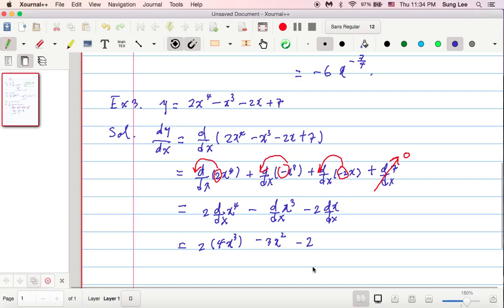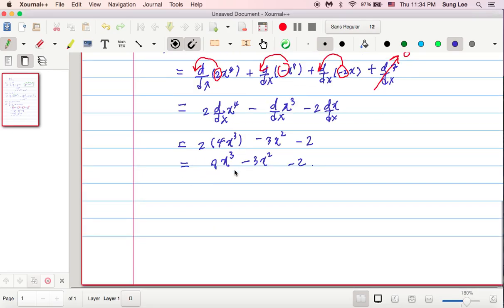The power is 1. So 1 comes down, 1 minus 1 equals 0. So x to the power 0 equals 1. So this is it, 2. Okay, so now this equals finally 2 times 4, 8 times x cubed minus 3 times x squared minus 2. So that's going to be the derivative of this guy.